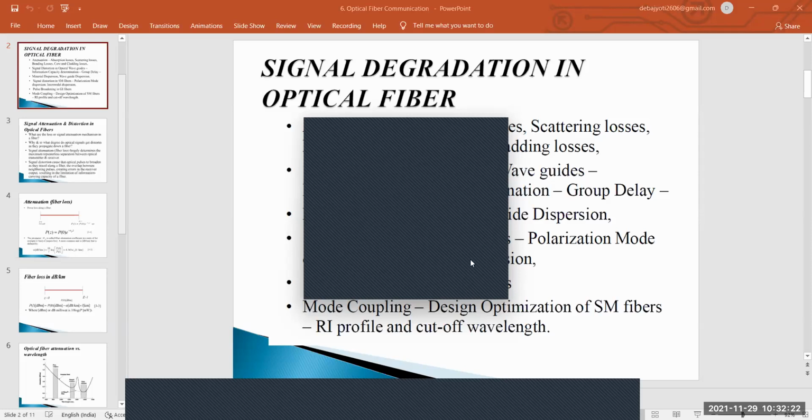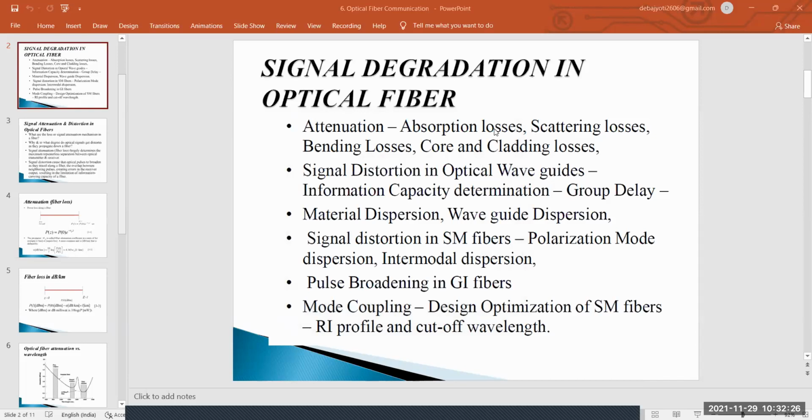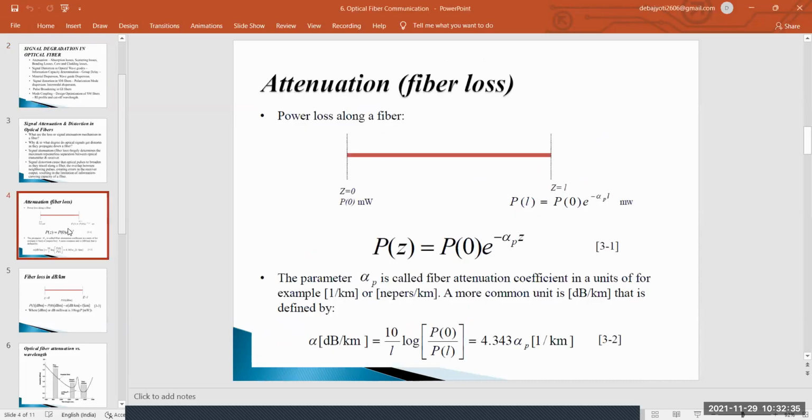Okay, so I assume that you got the concept regarding the attenuation loss and the formula for the mathematical problem, which I already discussed in the last class.